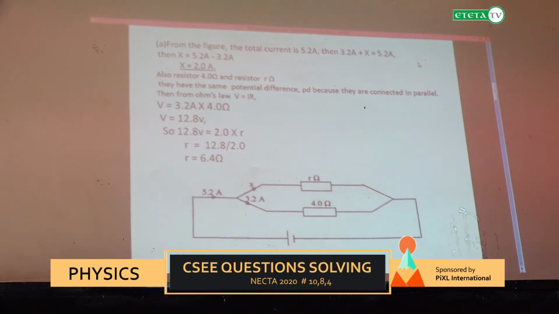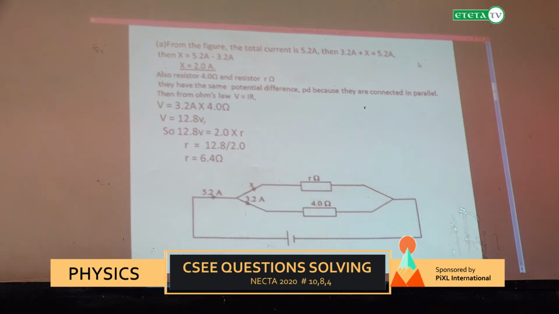From Ohm's law, V is equal to I times R. So we substitute the value of I, which is 3.2, times the value of R, which is 4.0 ohms. Then we find the potential difference, and from the calculation the potential difference is 12.8.